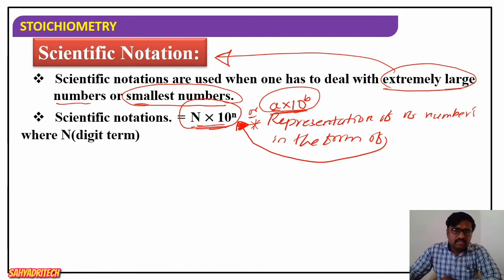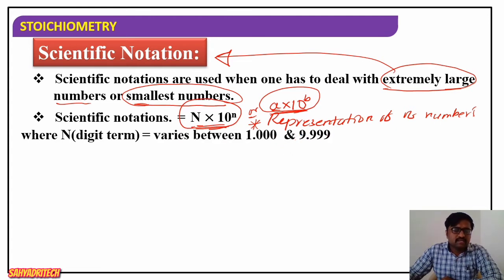Well, here what is N? N is the digit term, and it varies between 1.000 to 9.999. Please remember the N value, or else I can say a value, must be in between 1.000 to 9.999.